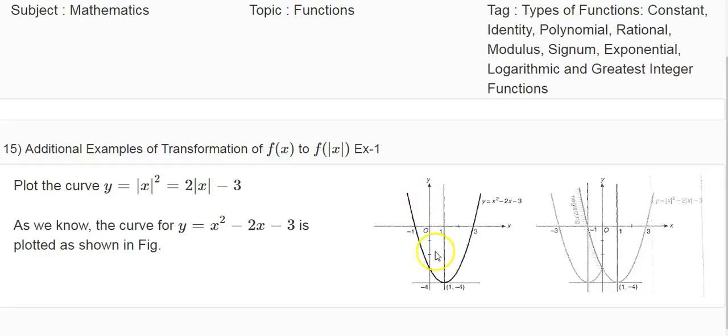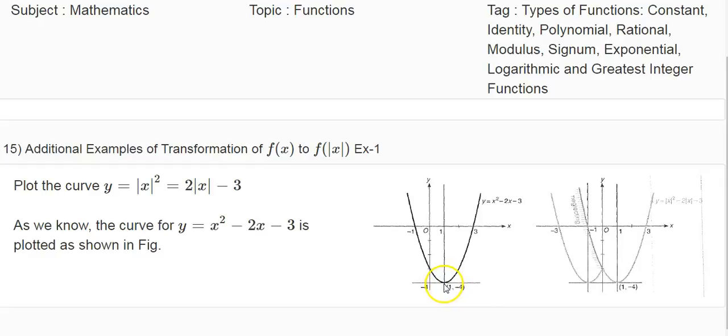Now how do we draw this graph? See, this is a classic upward facing parabola, because it is of the type x square is equal to 4ay. Now in this graph, the minimum would occur at the point where the two roots of this equation are equal, that is, minus b upon 2a, which in this case would be minus of minus 2 upon 2, because a is 1.